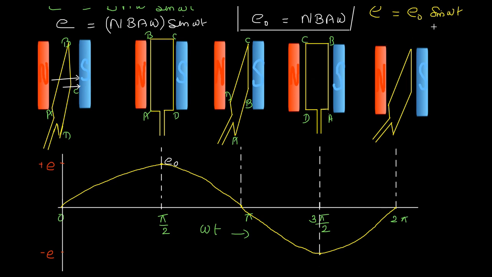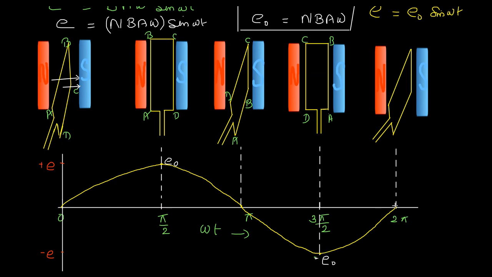So EMF is E0 sin omega t, but the coil has turned upside down. Therefore, EMF E equal to E0 sin 3 times pi by 2, which is equal to minus E0. This is minus E0, which is the maximum value.